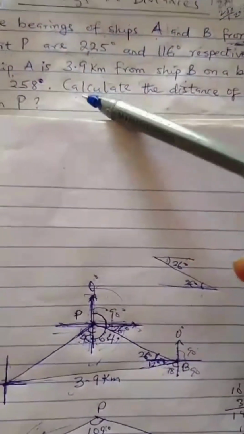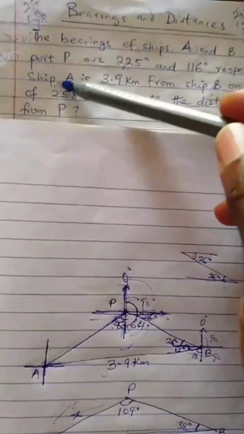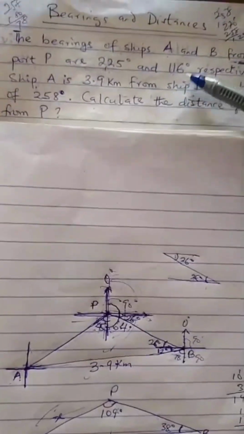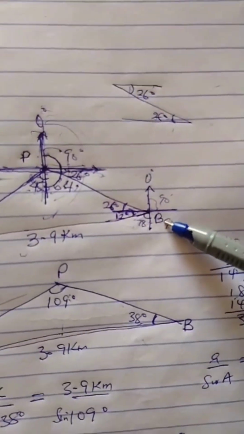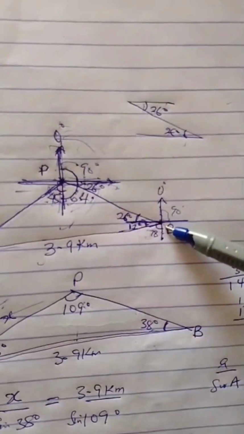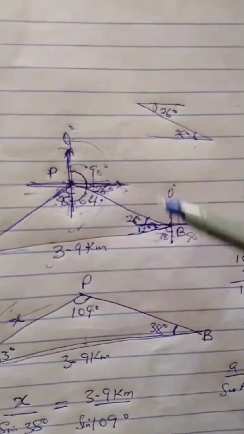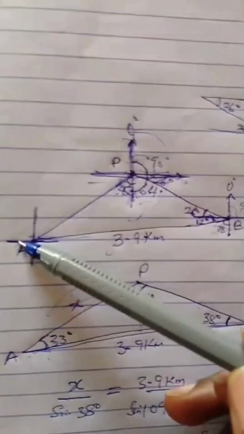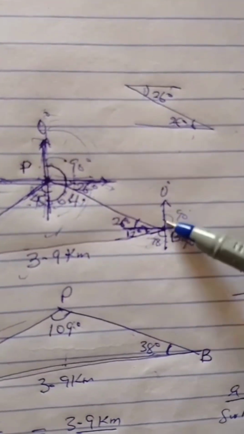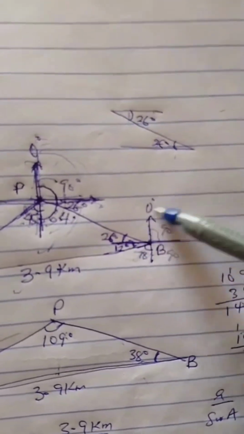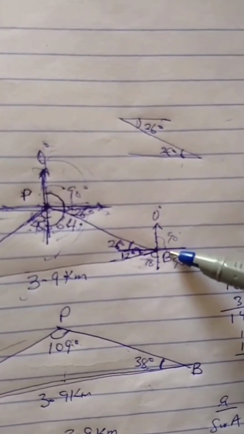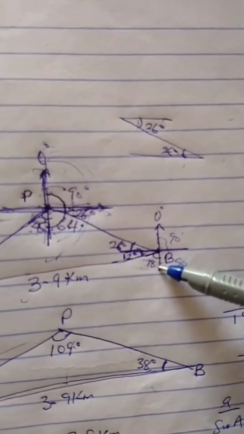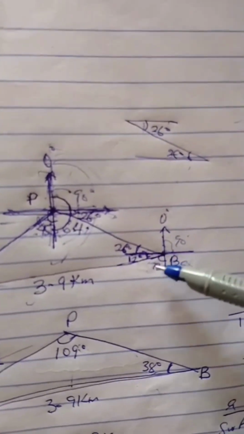Now we are trying to locate ship A from ship B. So our cardinal point will start off at ship B. Ship B is here, on the bearing of 116 degrees from port P. Ship A, we are told, is on a bearing of 258. So measuring clockwise from 0 degrees north, we go 90, 180. 180 plus what will give us 258?